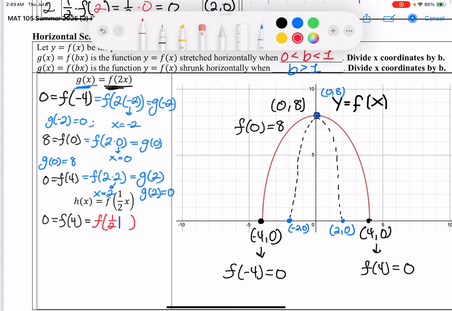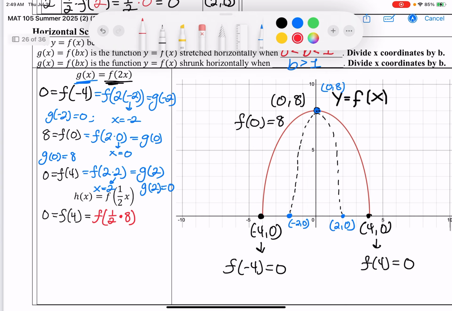So that's 1/2 times 8, because half of 8 is 4. More importantly, our function is in the format of f of 1/2 times some x. In this case, our x is equal to 8. So that means this will be h of 8. h of 8 equals 0.